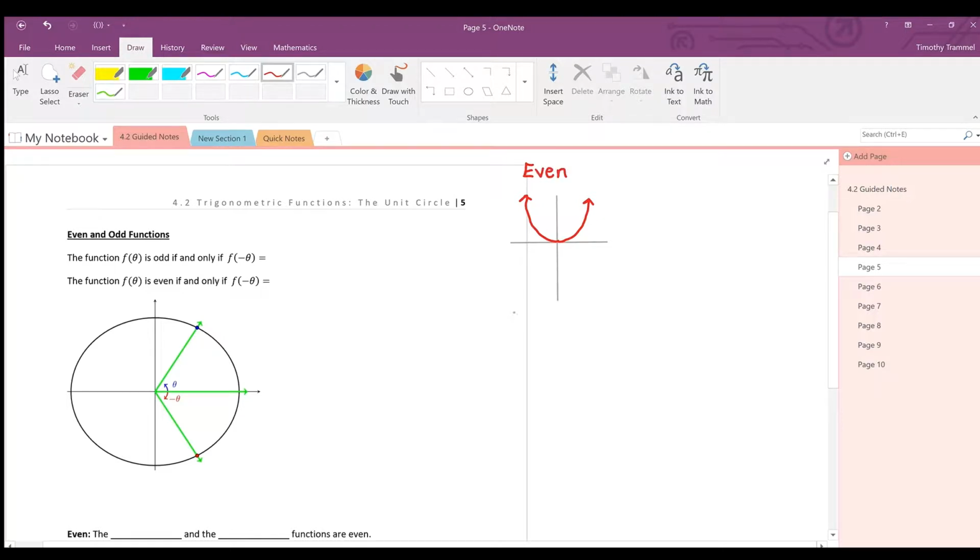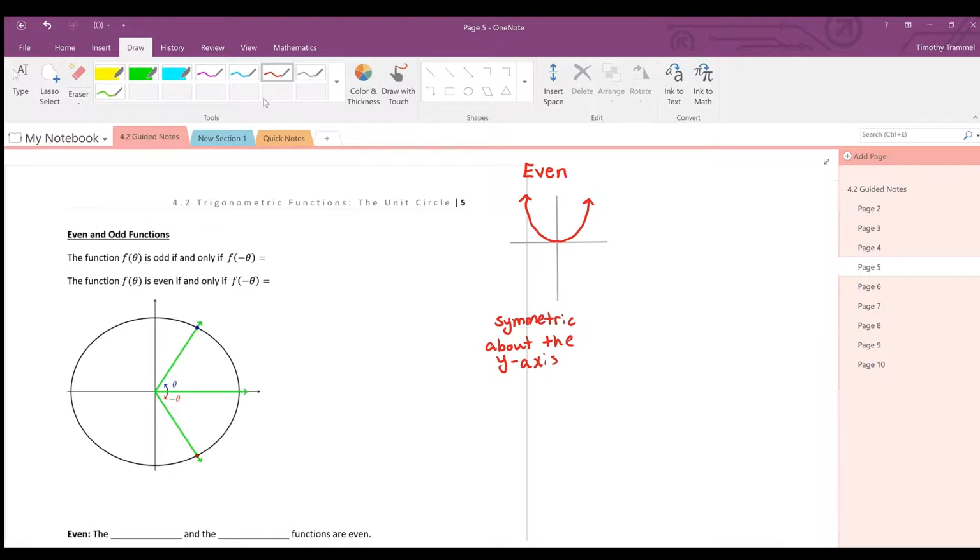And the property that it has is it's symmetric about the y-axis. Okay, right? It looks the same on both sides of the y-axis.